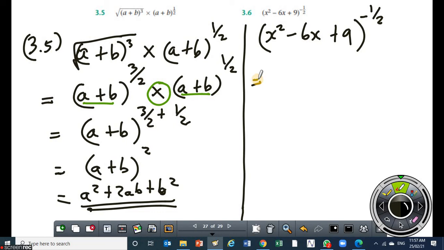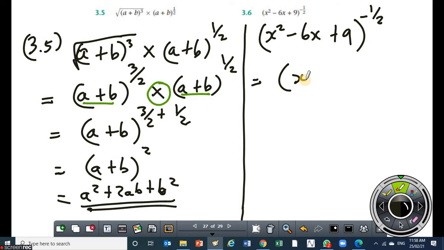Tell me the answer. Positive 3 or negative 3?